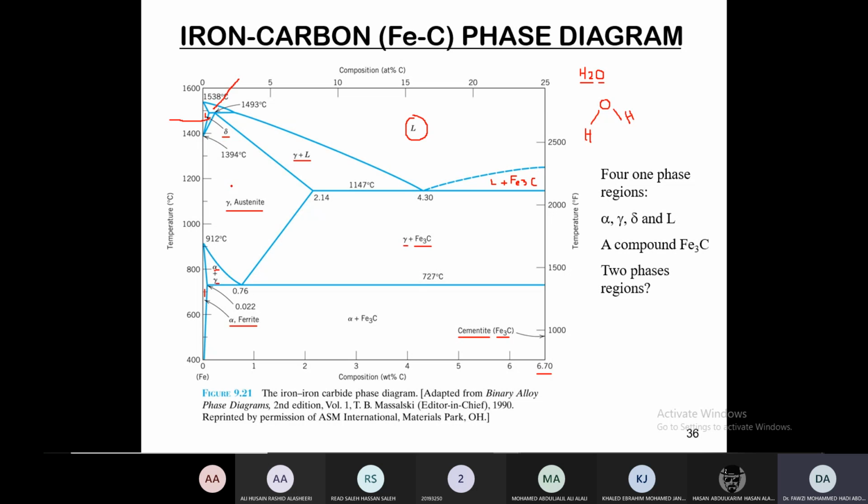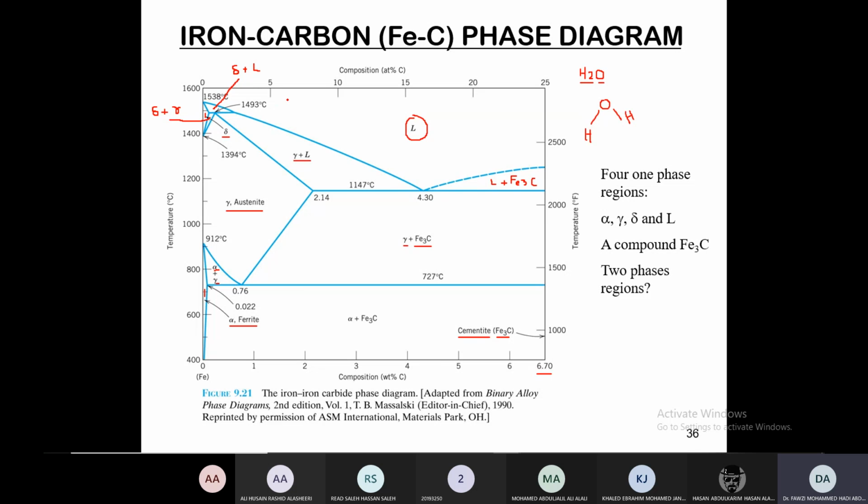This two-phase region, the phases will be the delta plus the gamma here, and this is a two-phase region also, which consists of the delta plus the liquid.